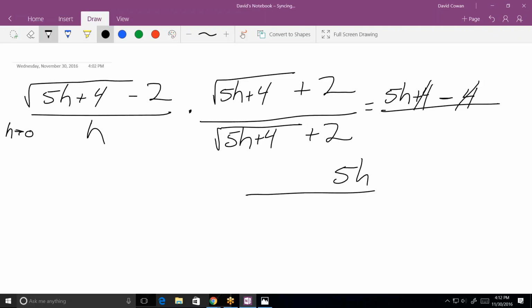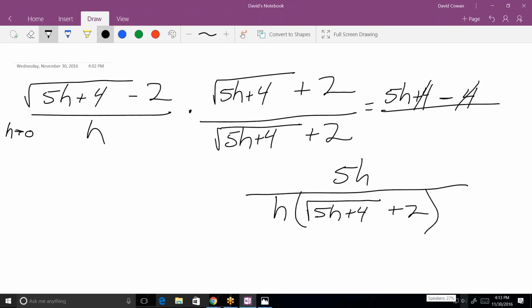5h, and now what do we have in the denominator? We have this h multiplied by this whole thing over here. Don't ever really try to multiply them together. It's fruitless, because you'll see what's going to happen. Now I can cancel this h with that h. And what do I have?